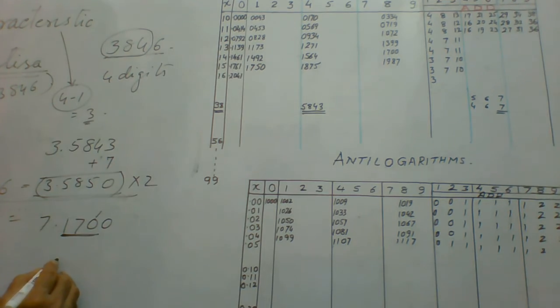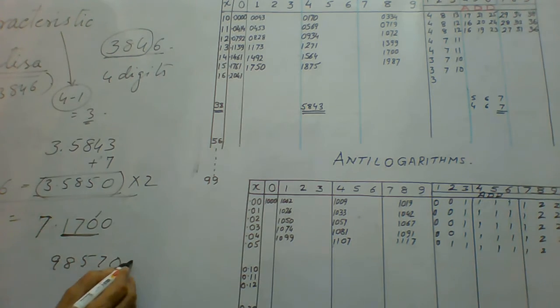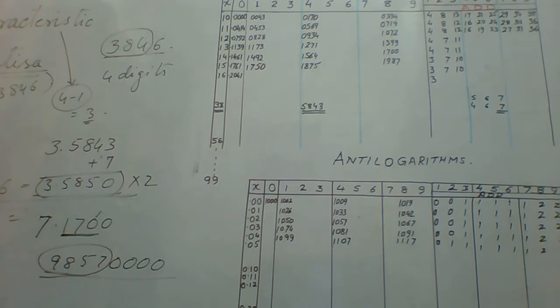Suppose there is a value 9857, you get 4 digits, but this 7 will have to be reckoned. What we'll do is add 1 to this and put 8 digits. 1, 2, 3, 4 are already there, so for the remaining I'll put 4 zeros. So this is an approximation of this multiplication. This is not correct; I have just assumed that you get some reading like this. 0.17 is not mentioned here in this column. So if I get it like this, you write something like 7.17.